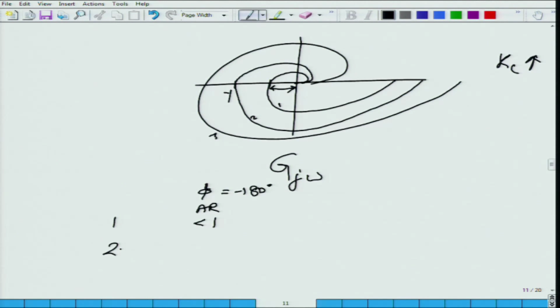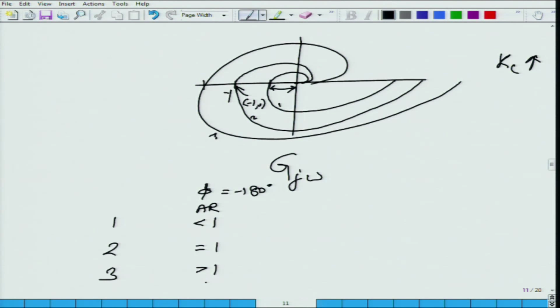For the second curve, when the angle of G(j omega) is minus 180 degrees, the amplitude ratio is exactly equal to 1. And for the third curve, the outer curve, when the angle is minus 180 degrees, the amplitude ratio is greater than 1.